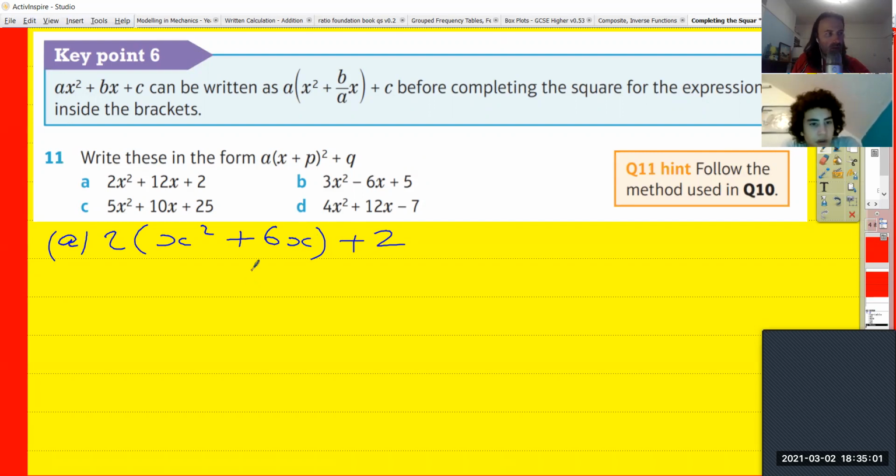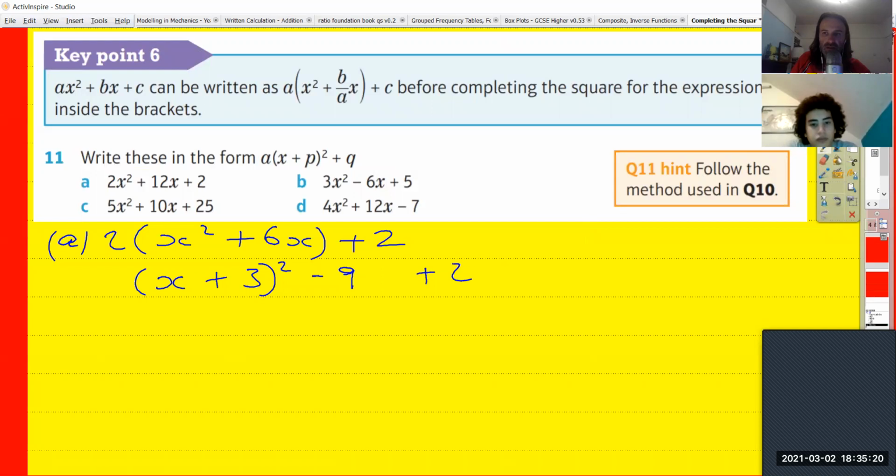So it comes x squared plus 3. X plus 3, all squared. X plus 3 squared, minus 9 plus 2.